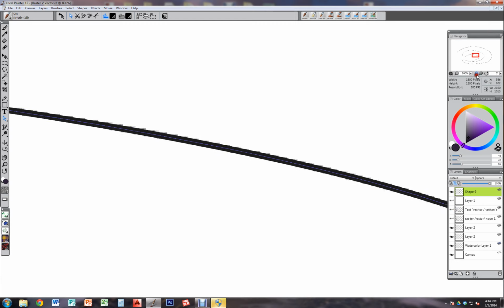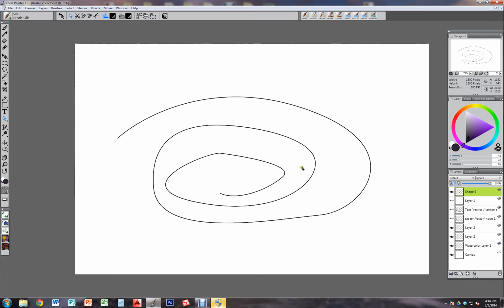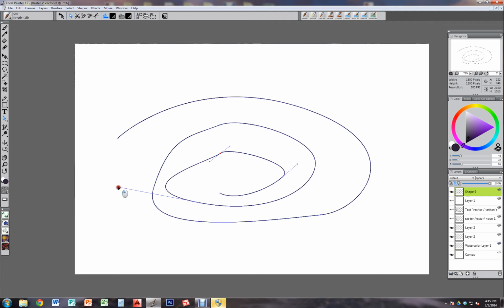Part of that is because at some point this image is still 300 dpi and eventually it will have to be turned into a rasterized image. But as long as I have a vector at my beck and call, instead of just putting it down and having to erase it, I can actually pick it back up and move these handles and change the shape of a thing that already exists.